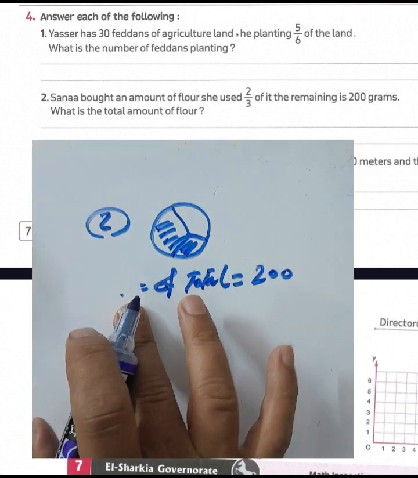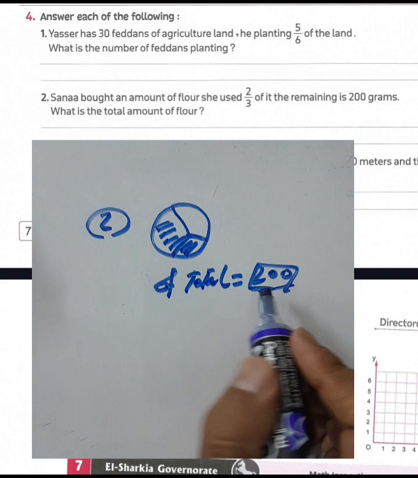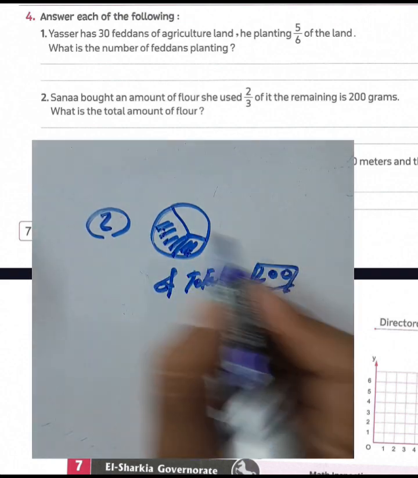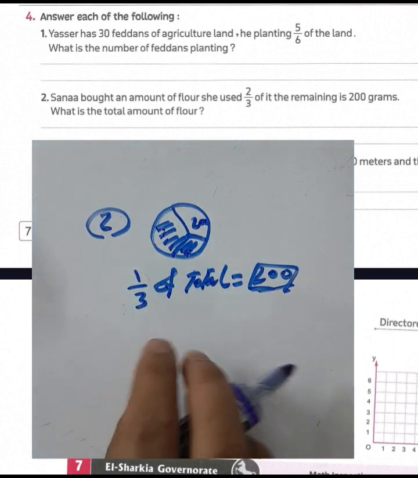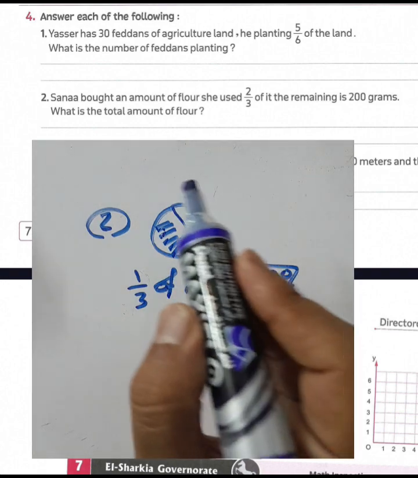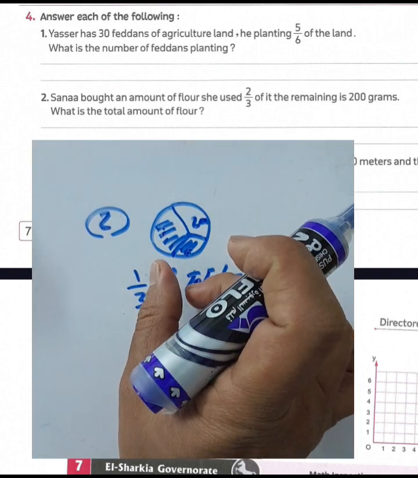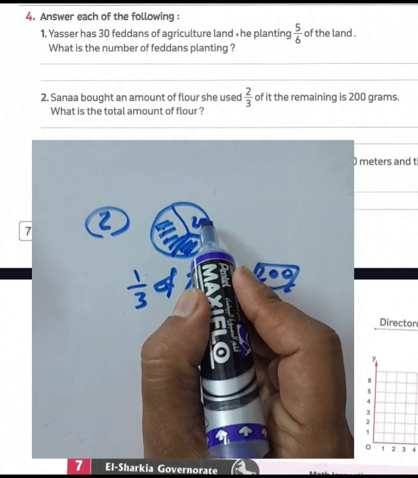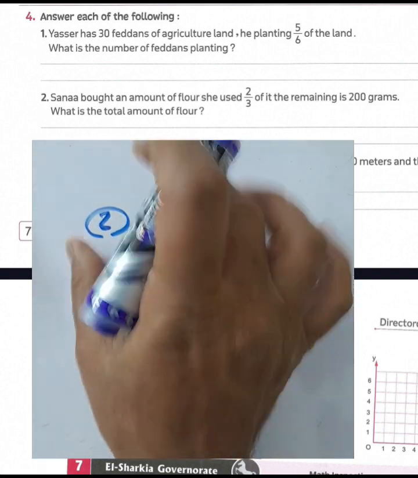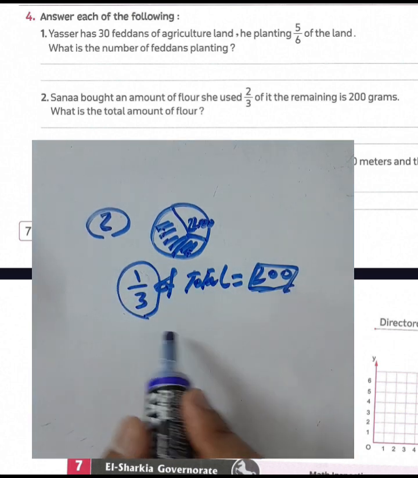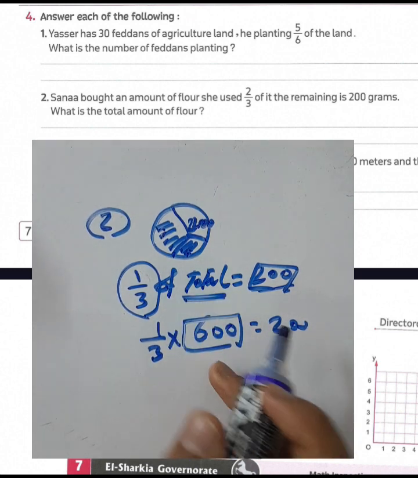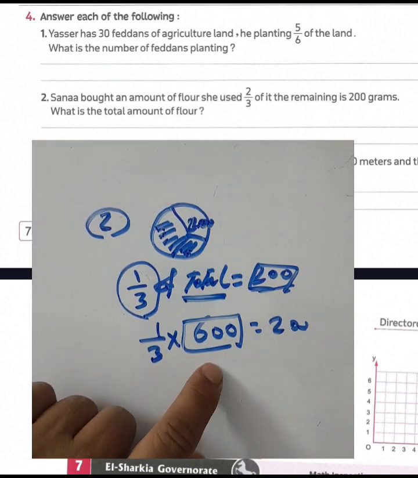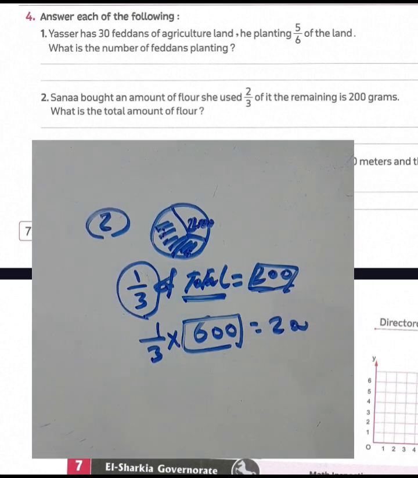The 200 here refers to a third of the whole. Then a third of what equals 200? You can write a third product by what? By 600. Then the total number will be 600. You can solve with this method, or write 200 divided by a third, convert from division to multiplication, and write the reciprocal of the second number.